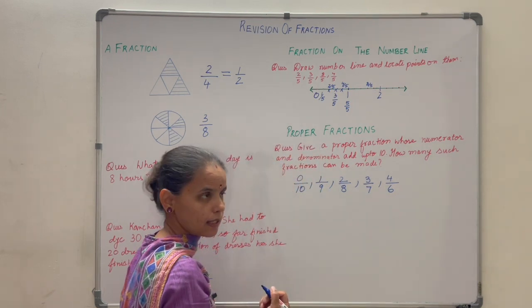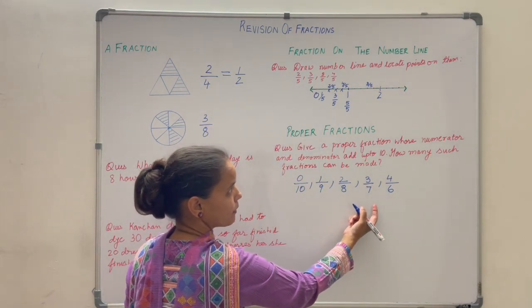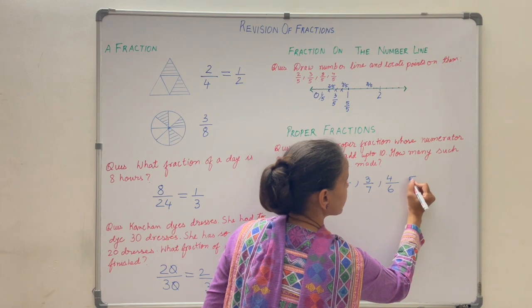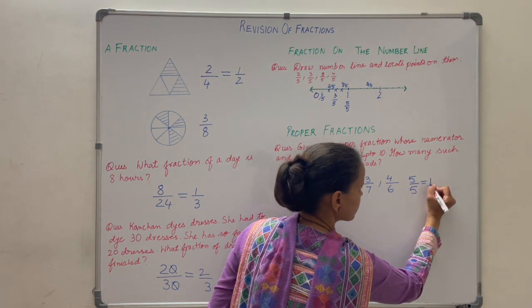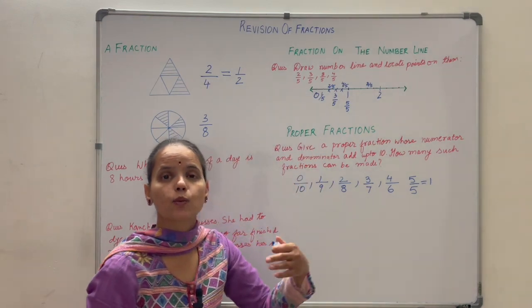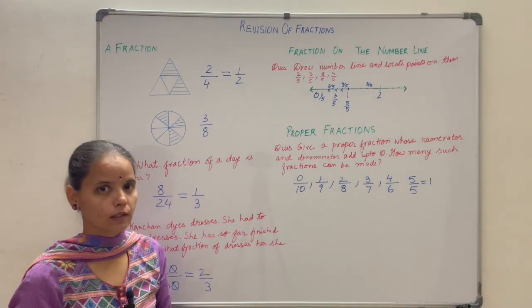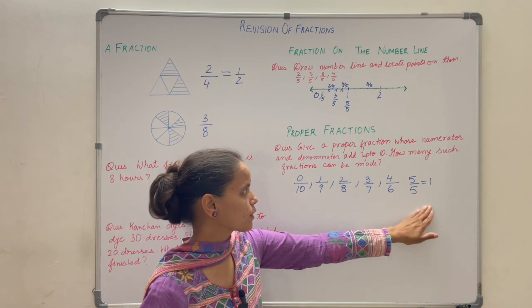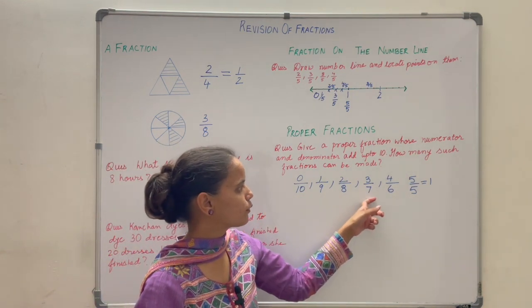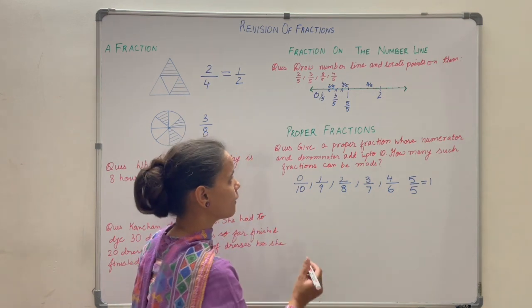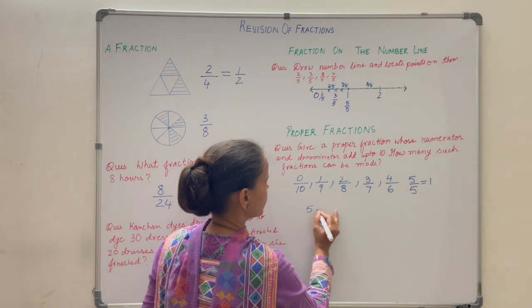Their summation is 10. All these are proper fractions. Can I take 5 by 5? That summation is also 10, but that is equal to 1. That is a whole. That is not a proper fraction. So how many such fractions can be made? 1, 2, 3, 4, 5. So 5 fractions can be made.